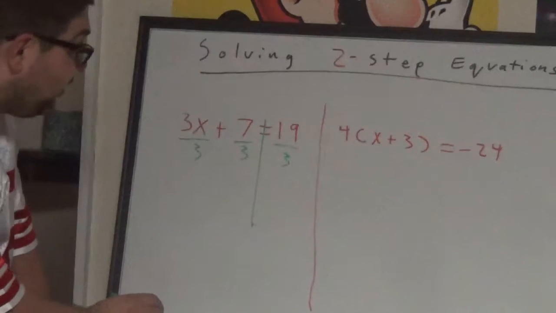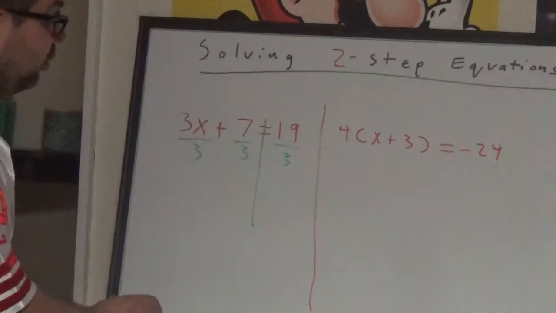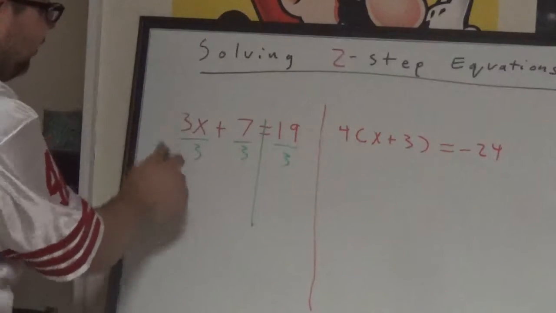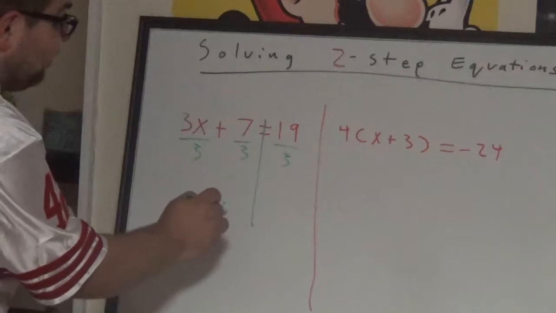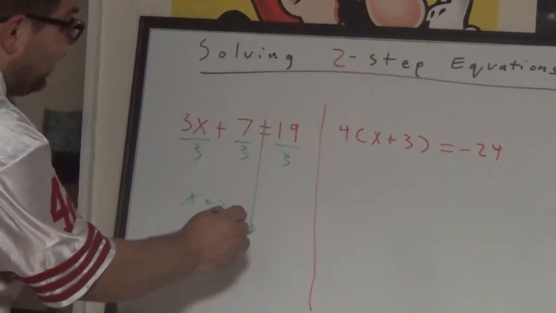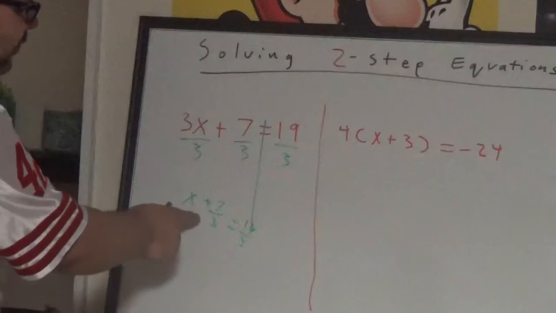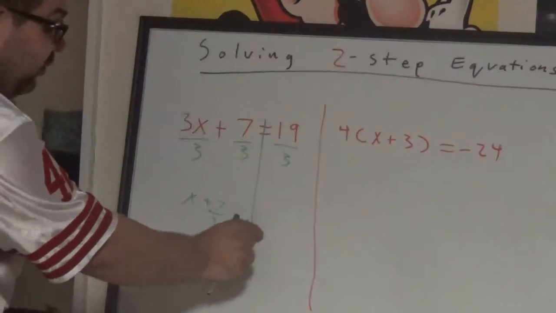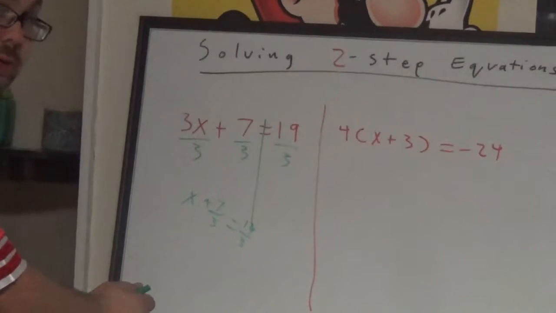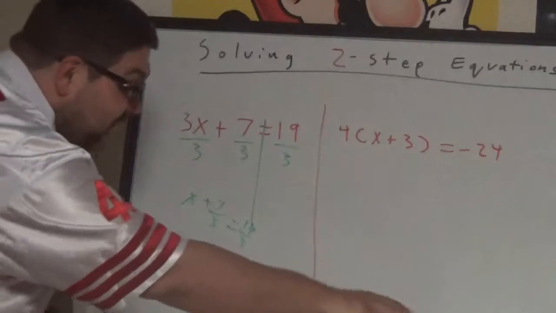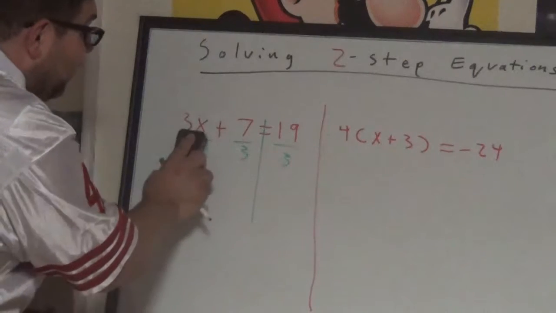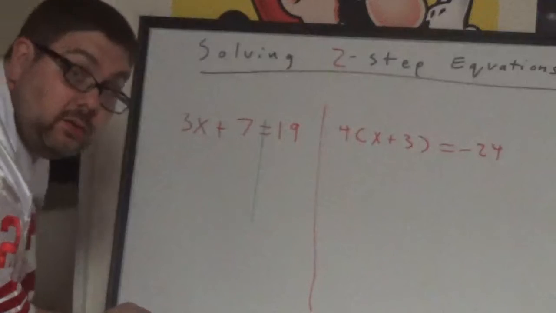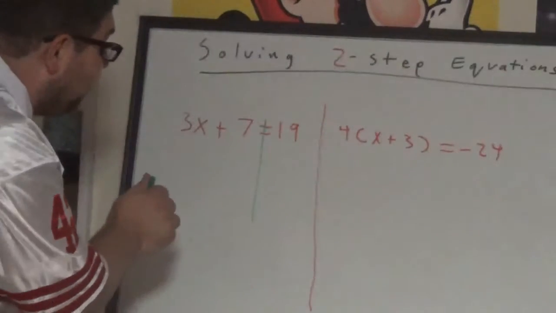Now I can do that, but if I do that, I'll have x plus 7 over 3 equals 19 over 3, and then I'll have to minus 7 over 3 on each side, and then I'll have to simplify. You can do it. I don't advise it. It's way too much work. That's the thing. You can do it in any order, but do it in the easiest way for you.